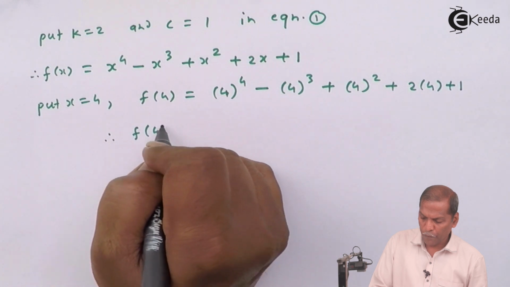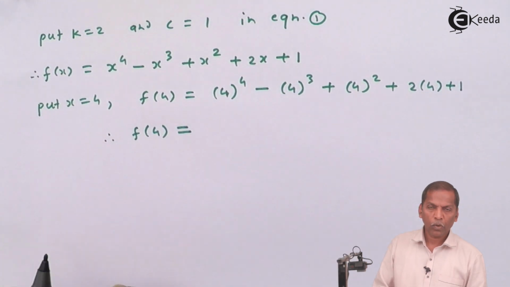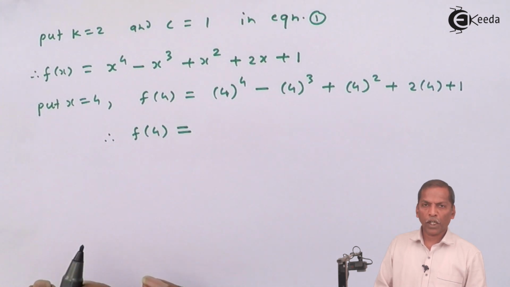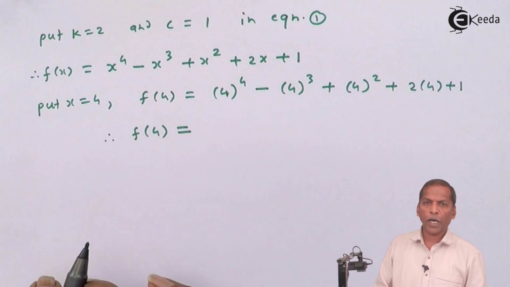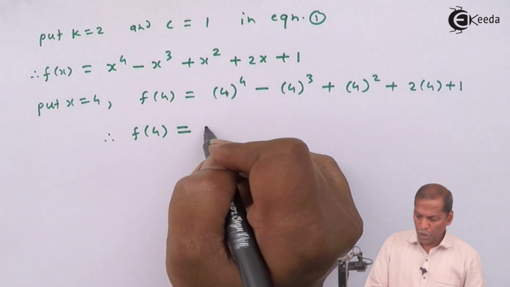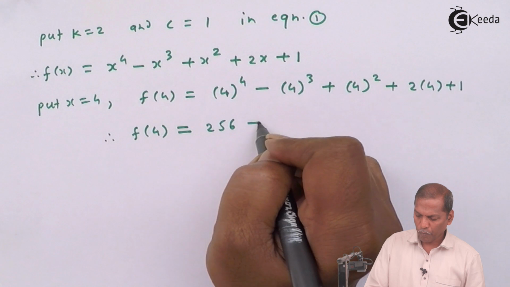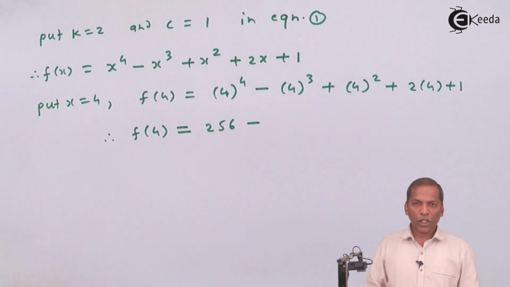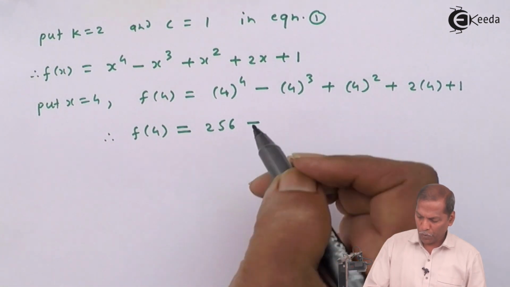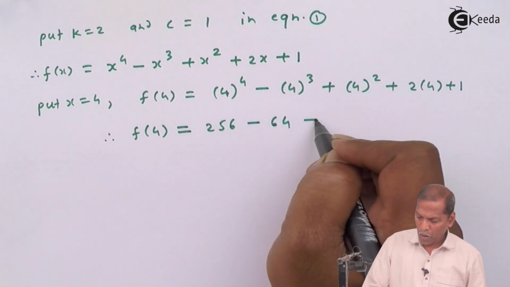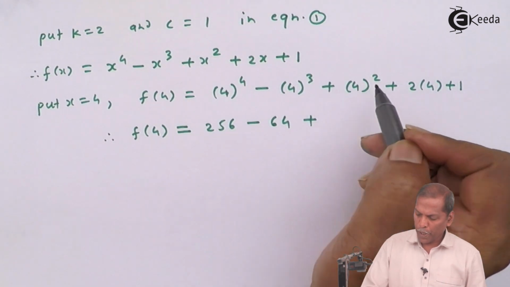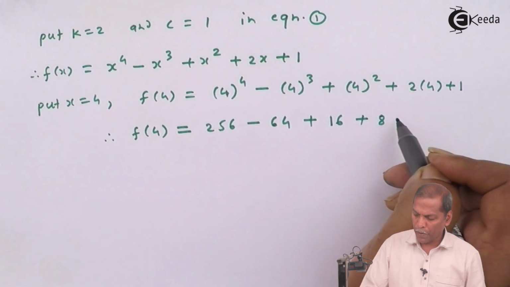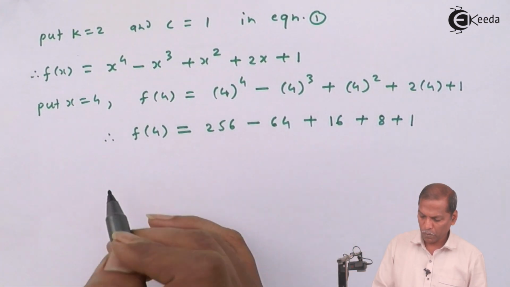Therefore f of 4 is equal to, now 4 raised 4, that is 4 into 4 16 into 4 64, and into 4 gives us 256, minus, now 4 cube, 4 fours are 16 into 4 64, plus 4 square gives us 16, plus 2 fours are 8, plus 1.